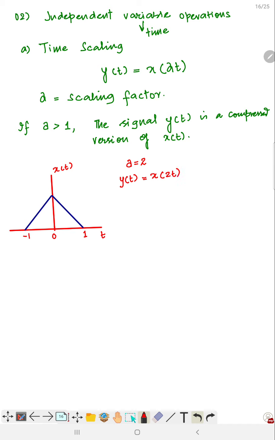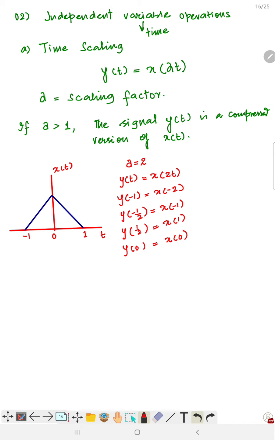Right? Which means the value y of -1 will be x of -2, just doing simple substitution. Similarly, y of -1/2 will be x of -1. Similarly, y of 1/2 will be x of 1, and y of 0 will stay at x of 0.